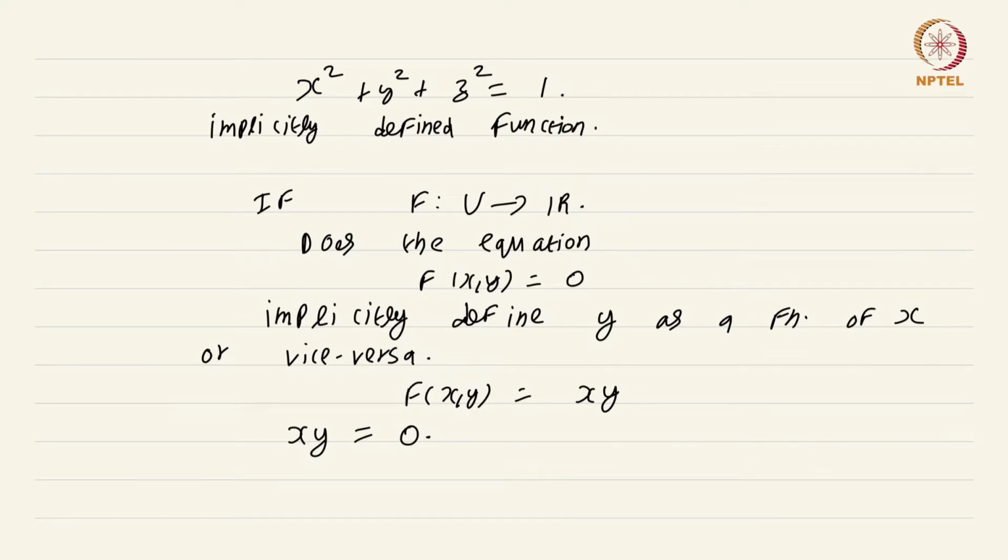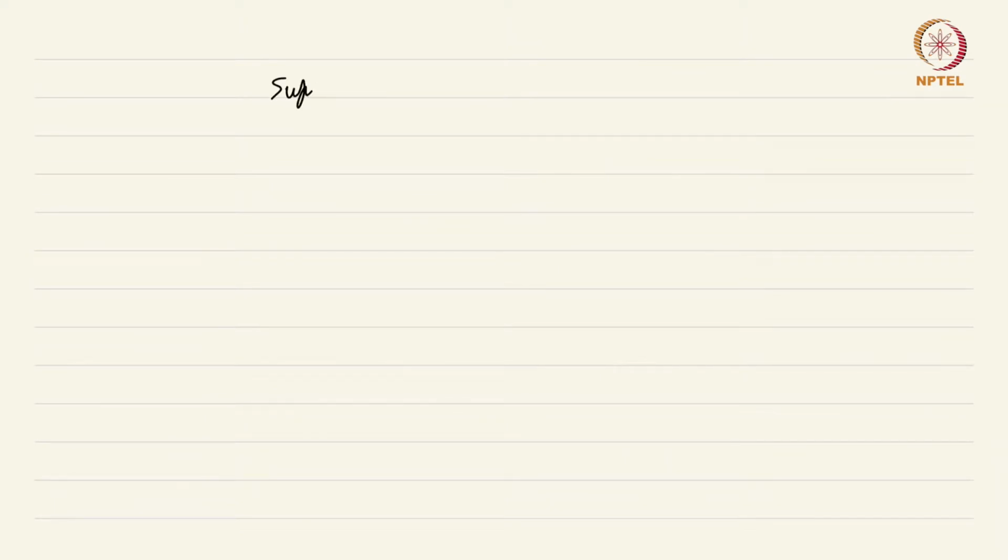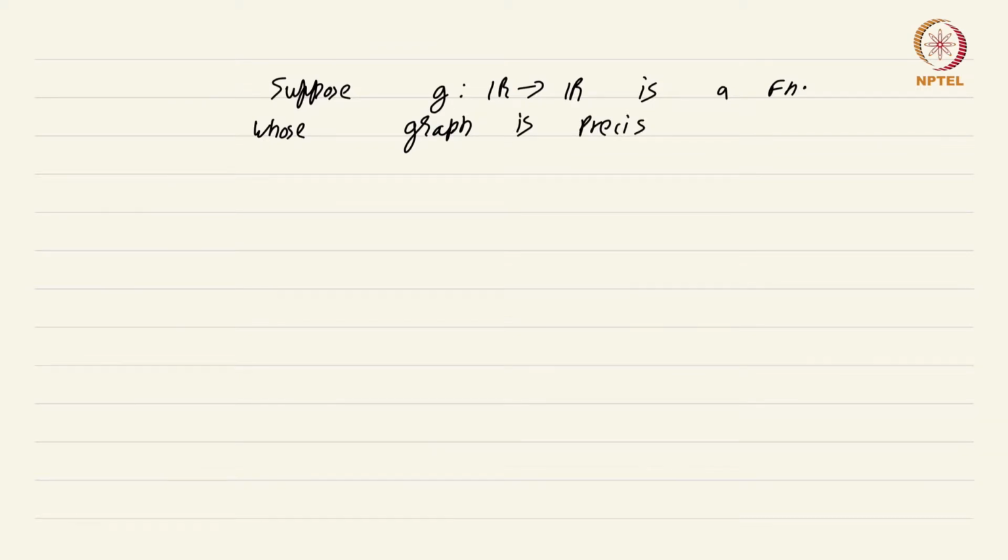Okay, so suppose g from R to R is a function whose graph is precisely x comma y such that x times y is 0.